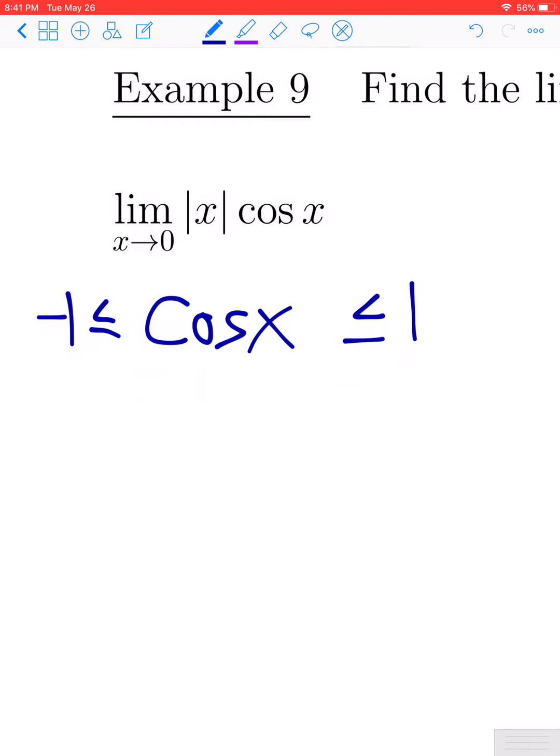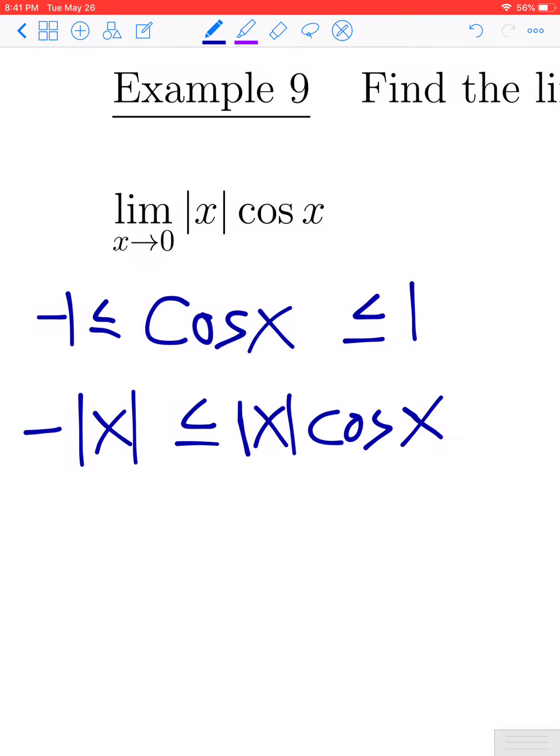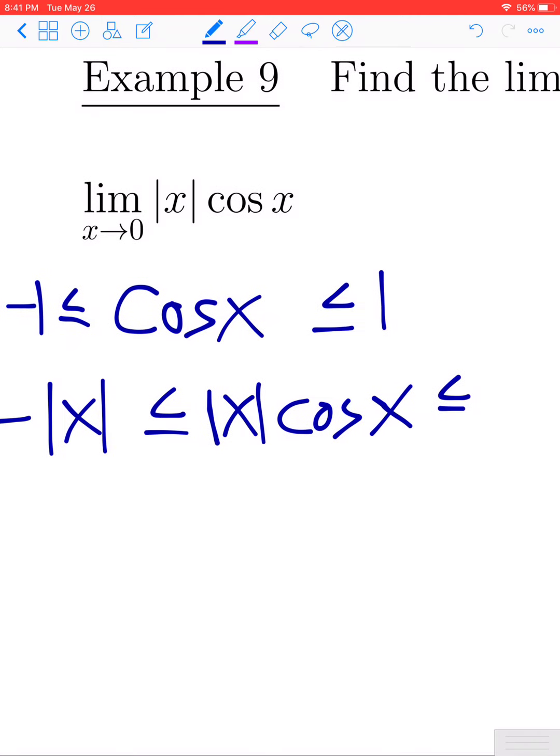Therefore, if I multiply this entire inequality by the absolute value of x, this will tell us that negative absolute value of x is less than or equal to the absolute value of x times the cosine of x, which would be less than or equal to the absolute value of x.